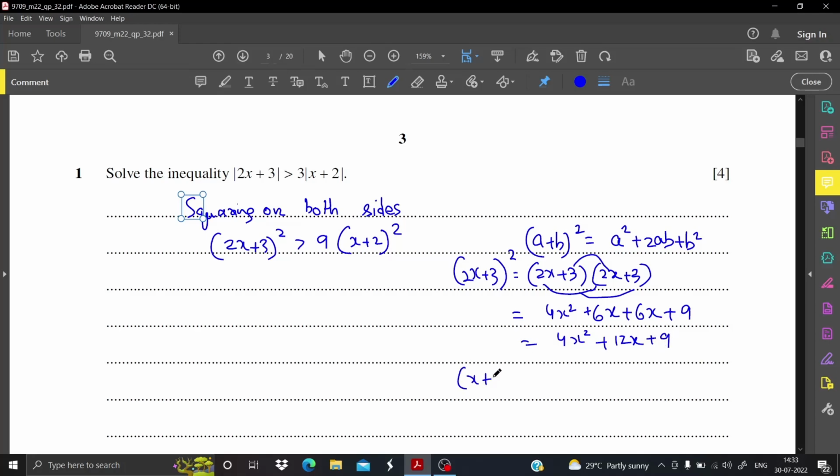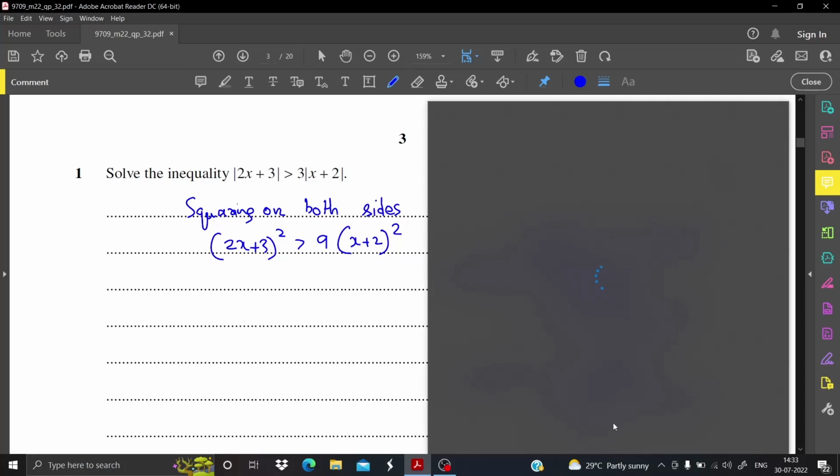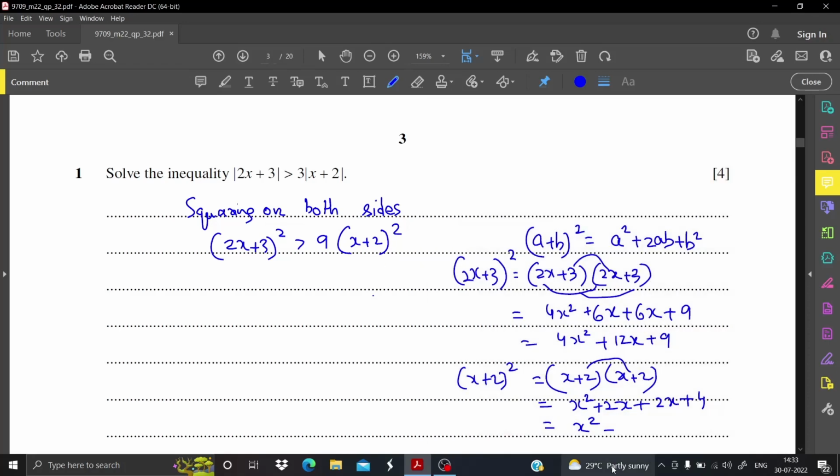Similarly, for x plus 2 whole square, it is x plus 2 times of x plus 2, and that is x square plus 2x plus 2x plus 2 times 2 is 4. So finally you get x square plus 4x plus 4.